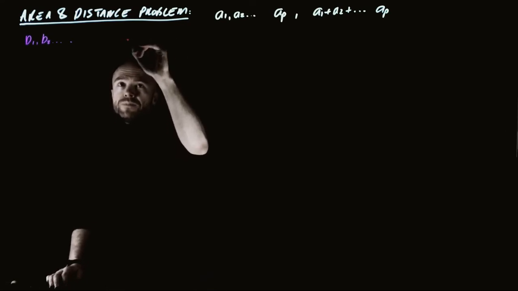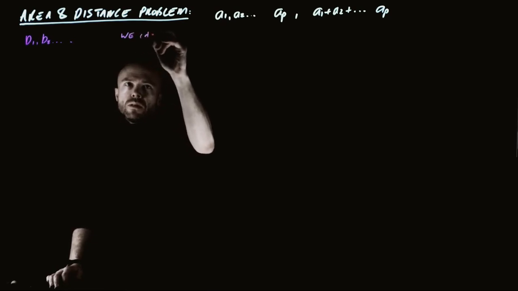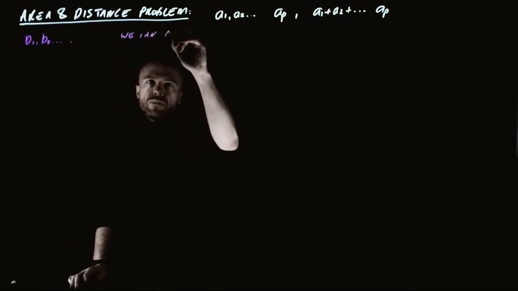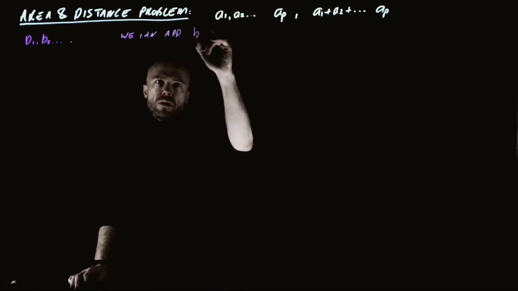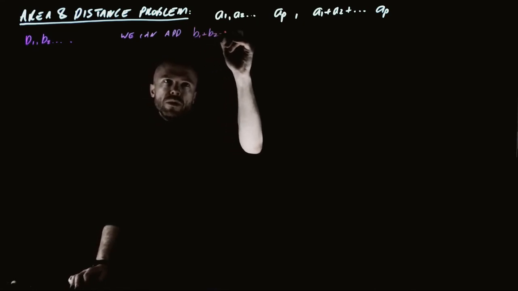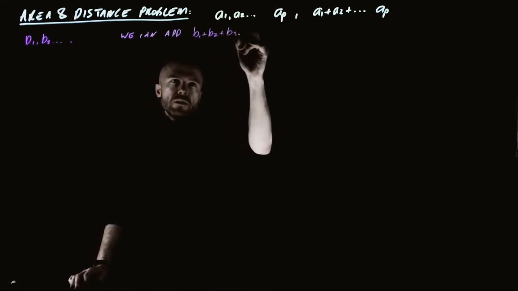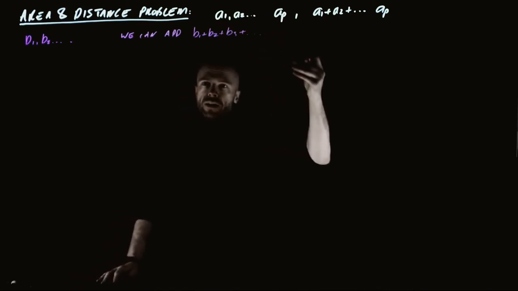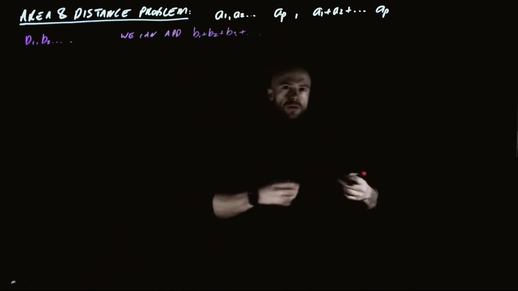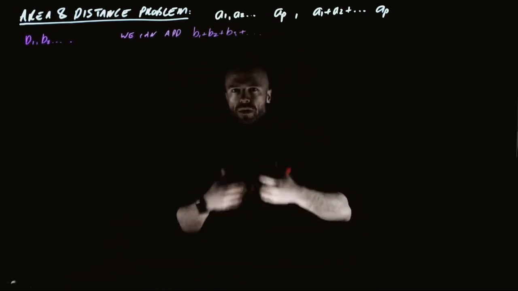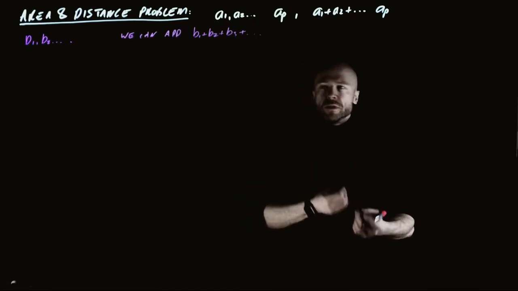We can consider B1 plus B2 plus B3 and so on forever. And that'll actually make sense too. And we have to be quite precise in what sense that'll make sense, but it is possible to do that.